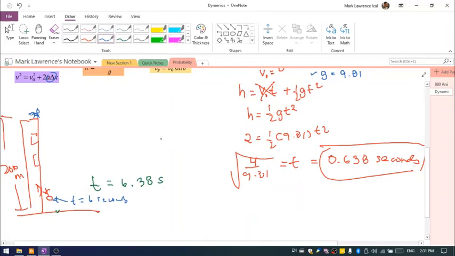So you are already falling for 6 seconds, so Superman only has 0.38 seconds to catch you. Since Superman only has 0.38 seconds to catch you, the question is, how fast should Superman go to get you?